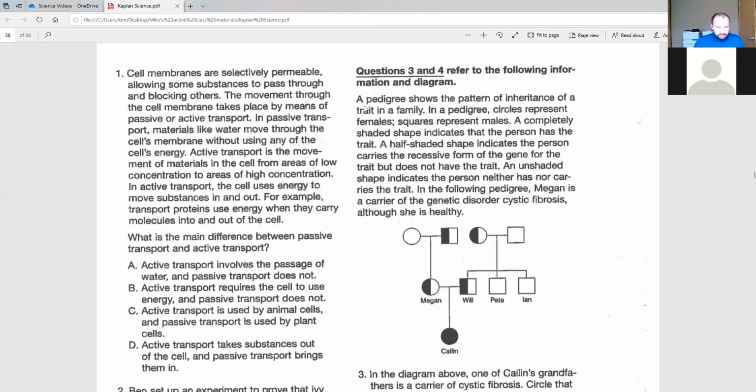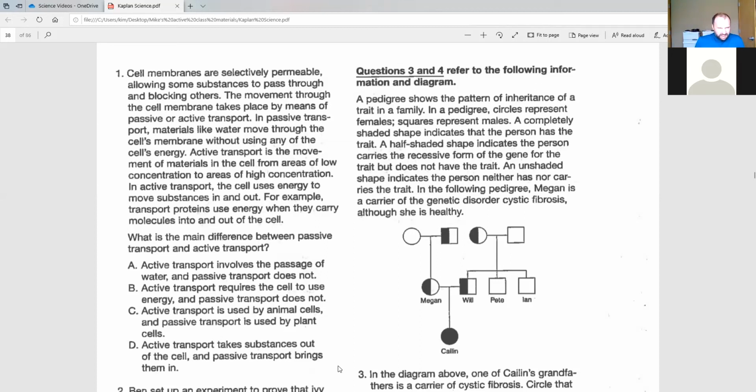All right. So the question asks, what is the main difference between passive and active transport? Okay. So they kind of describe it up here, right? They describe passive transport here. They describe active transport here. And let's just read the options and see what the multiple choices are, and see if we can narrow down to a couple options.